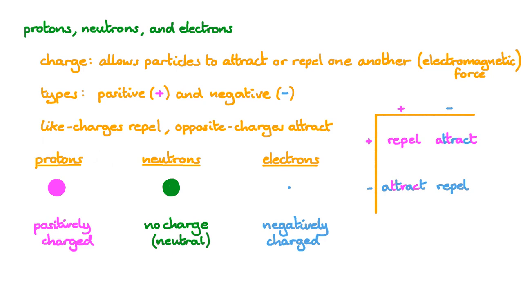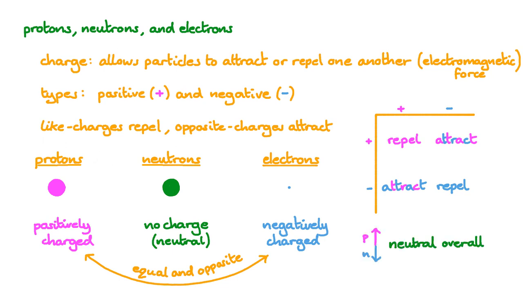The next thing we have to deal with is how much charge protons and electrons have. What we do know from experiments is that protons and electrons have exactly the same size of charge. So if we have a proton and electron together, the combination acts as if it's got no charge at all. So we call this combination neutral. Physicists measure charge in coulombs, which is a human scale unit related to electrons passing through a wire at a certain rate.